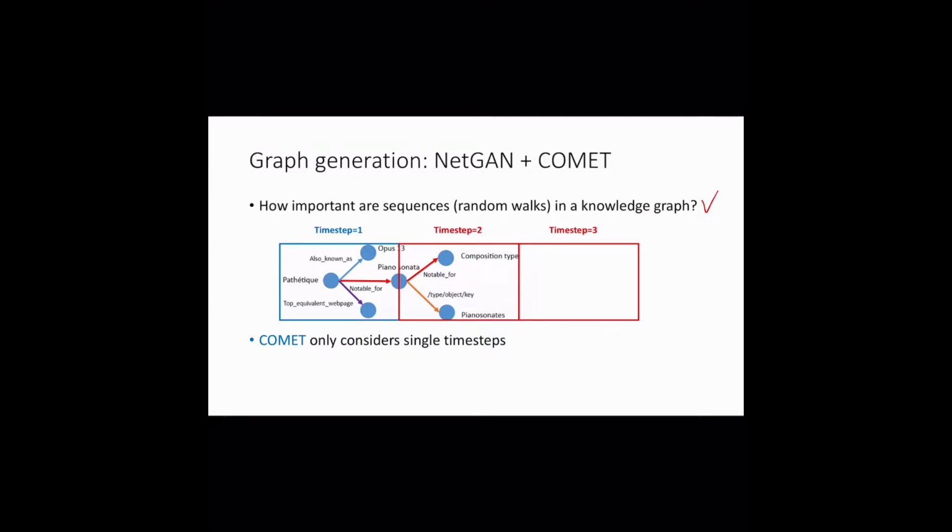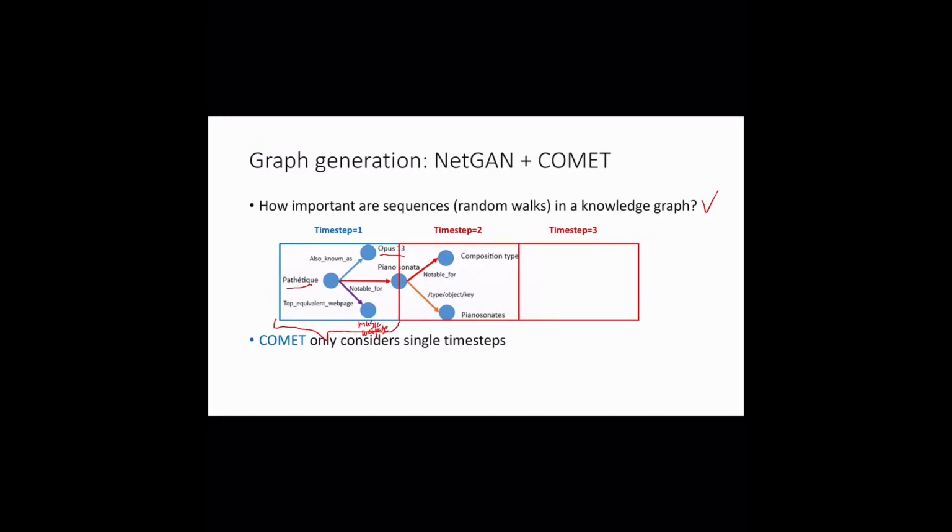So if Comet only considered these single time step tuples, such as Pathétique is also known as Opus 13, or it's equivalent to some music webpage, or it's notable for being a piano sonata.